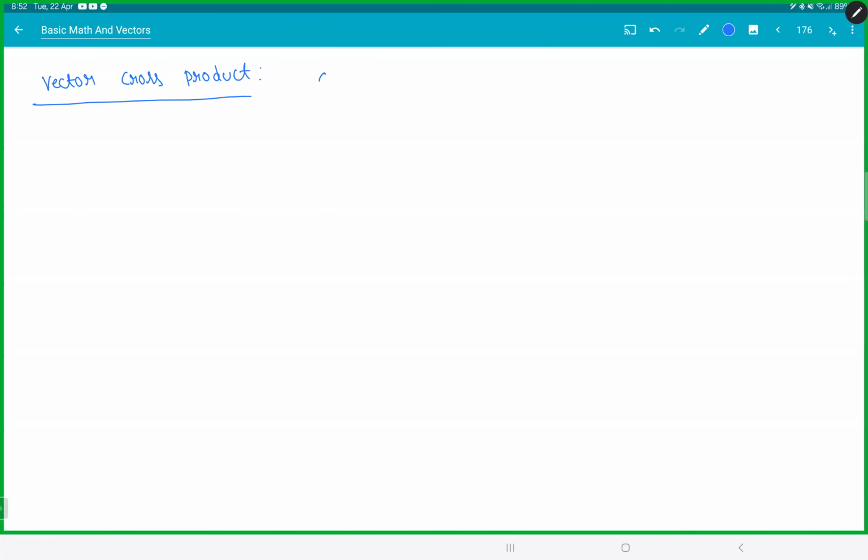So what people noticed, there are certain vector quantities that depend on sine of the angle between two vectors.